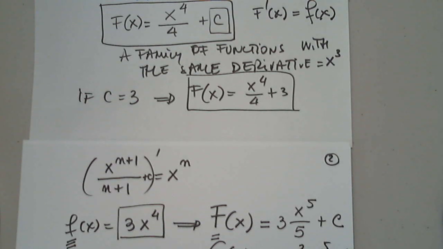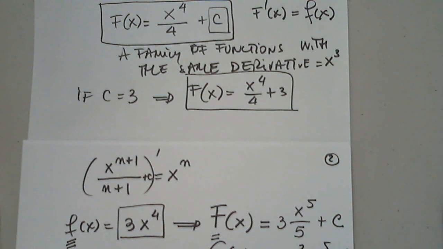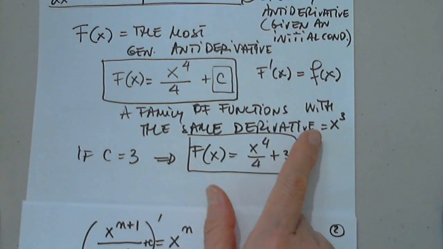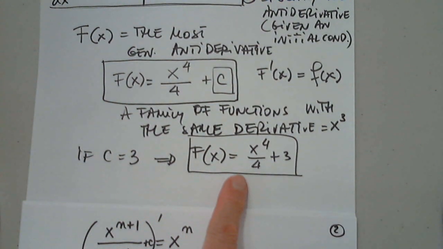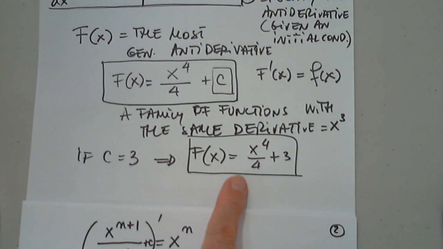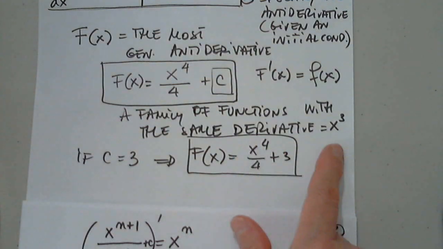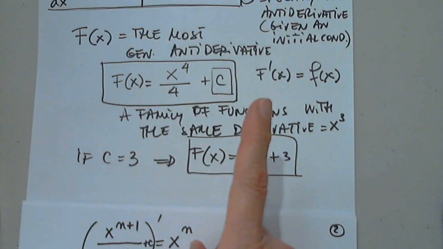Okay, so from 5 to 26. What does it mean by the most general antiderivative? It's a family of functions, not just one specific, unique function. All possible functions whose derivative is the given function.